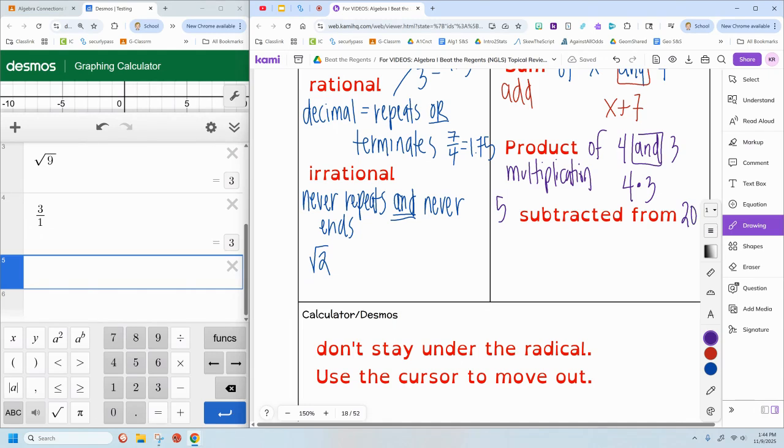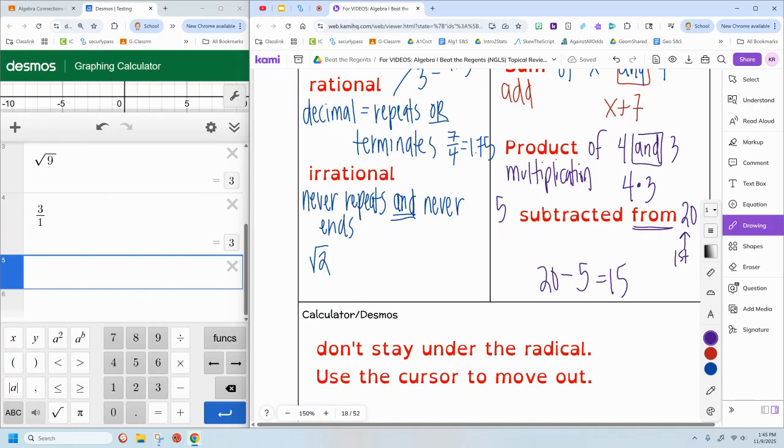I want you to think about that really slowly. When I subtract from, this guy goes first. So when 5 is subtracted from 20 is 15. So just be real careful with that.